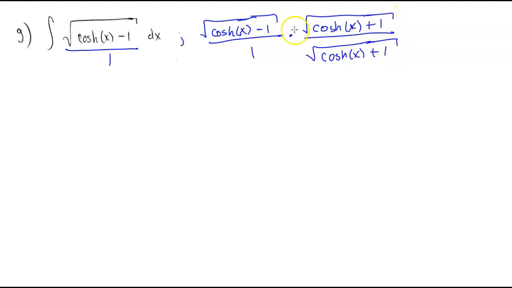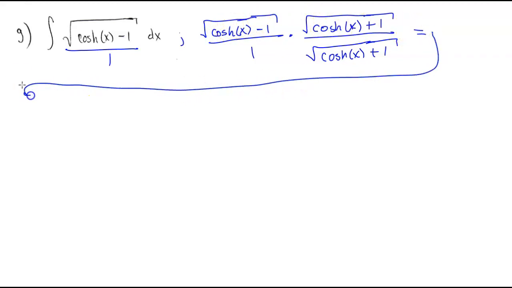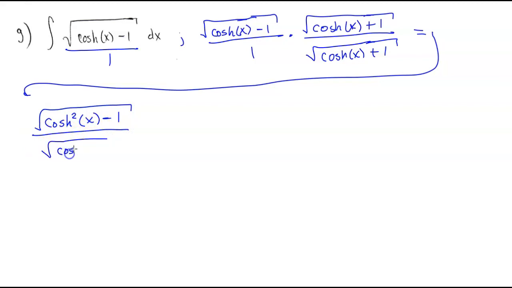And so I'm doing this because, of course, whenever I multiply square root of something times square root of something else, one thing that I know is that I can now legally multiply the two radicands together. And so if I multiply cosh of x minus 1 times cosh of x plus 1, I know that's just going to be cosh squared x minus 1. And of course, square root of that all over this.